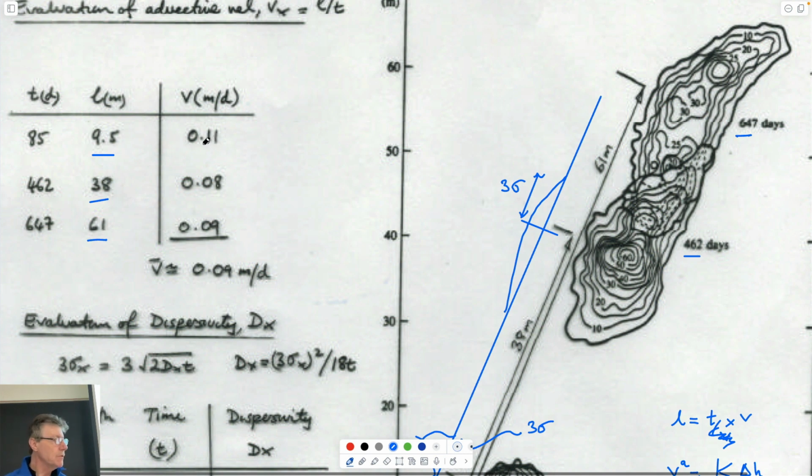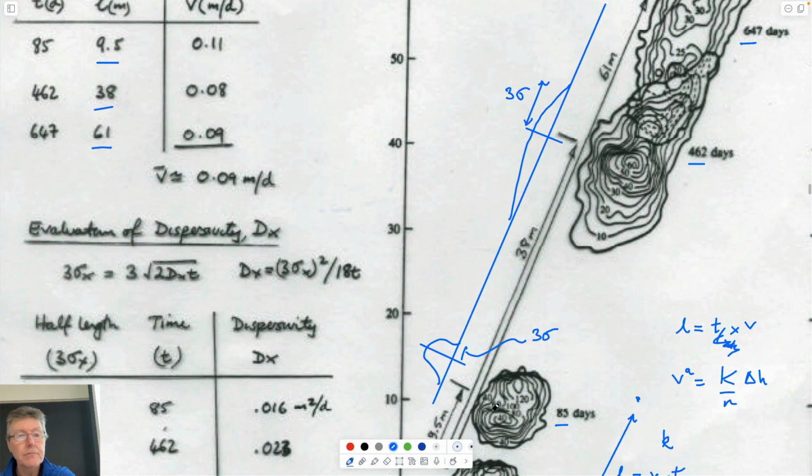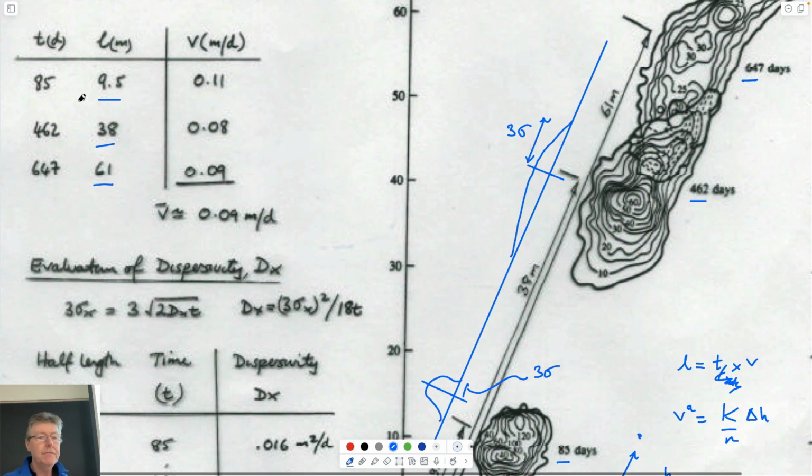Of course, you might want to have got that from doing a pump test beforehand to know what the permeability is. If you know what the permeability and porosity is, you could estimate this, but you can also calculate this from the center of mass of the plume. This, right? 85 days, you know, 9.5 meters downwind, and so there you have the advective velocity.